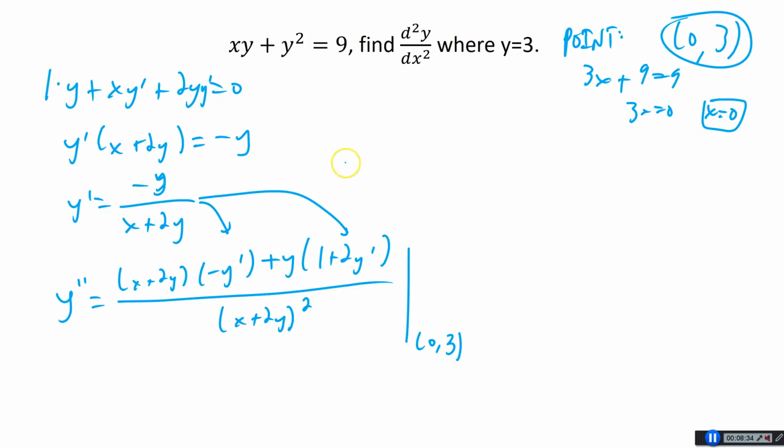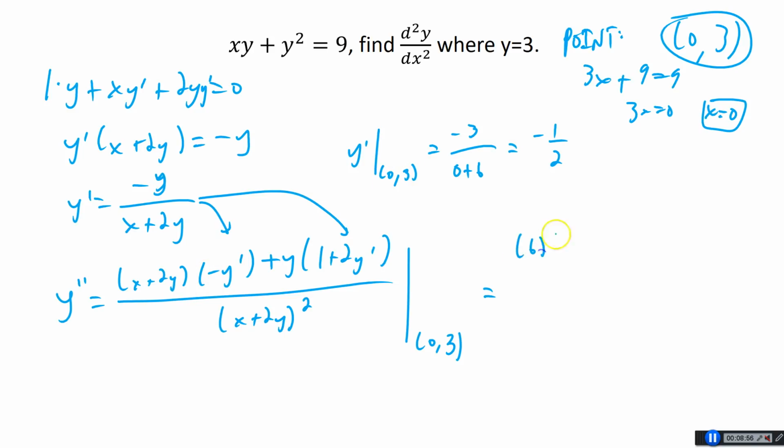So let's do that. If we evaluate y prime at (0, 3), that's going to give me negative 3 divided by 0 plus 6. Looks like that is negative 1/2. So I'm going to put negative 1/2 in for those two y primes, then 0 and 3 in for all the x's and y's. So we're going to have 0 plus 2y, which is 6.